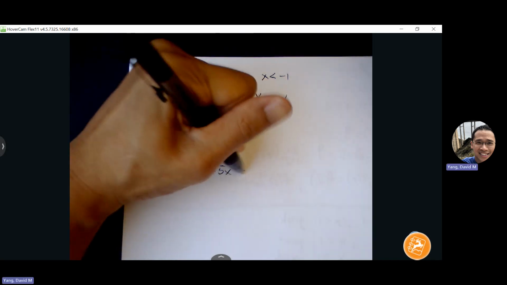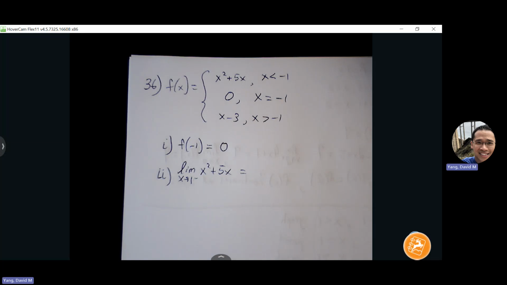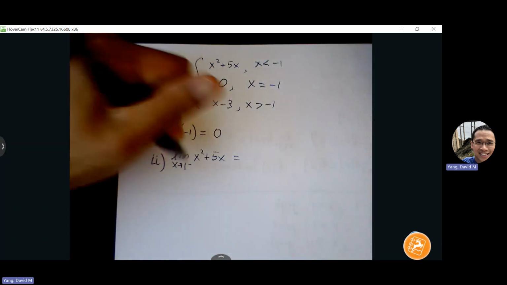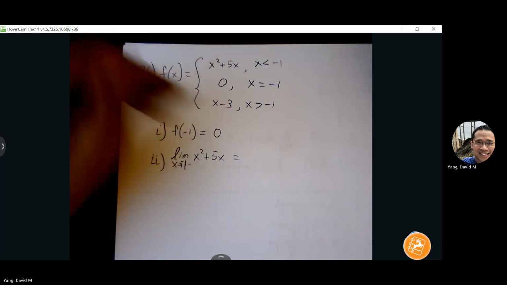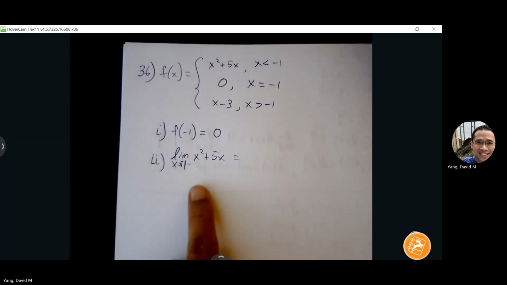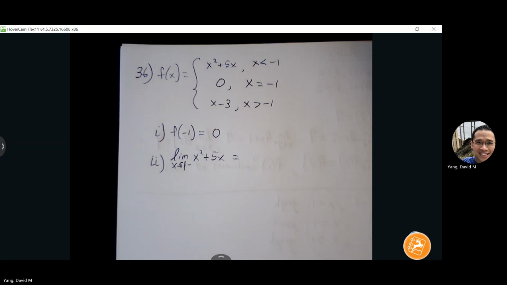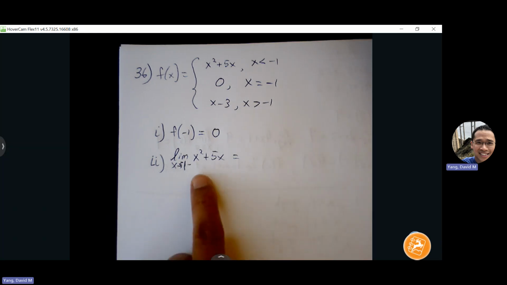Approaching -1 from the left side, we're using the first piece of the piecewise function. What happens if I do direct substitution? Yeah, -1 in for x.